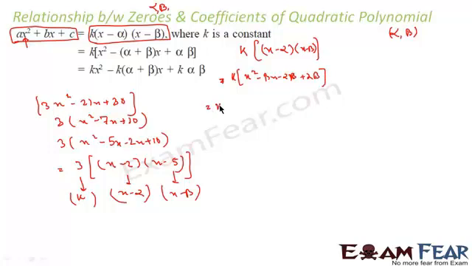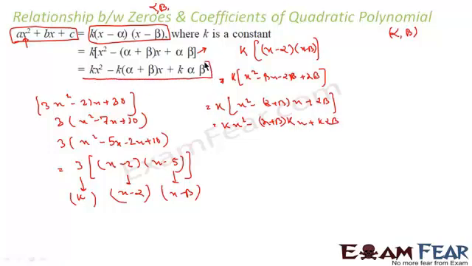This is nothing but k into x square minus alpha plus beta x plus alpha beta. Correct? This is what we have got. The same thing I can write in this form: kx square minus alpha plus beta into kx plus k alpha beta. That is this. So this is more clear, I have written it like this.